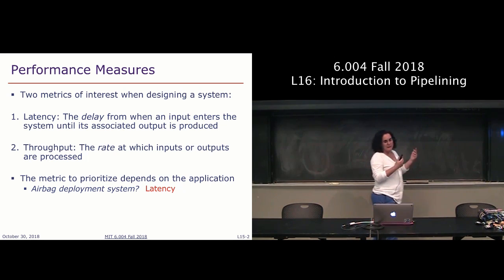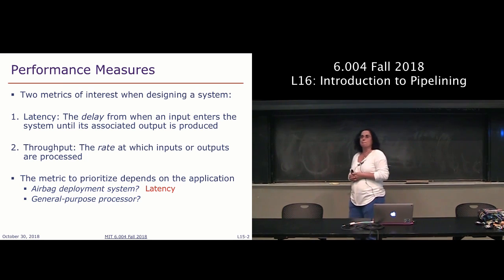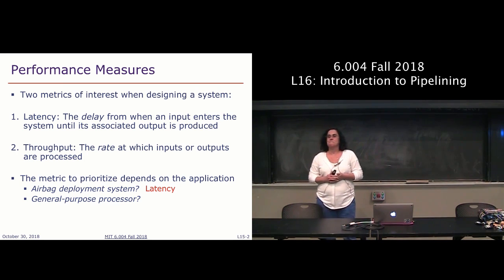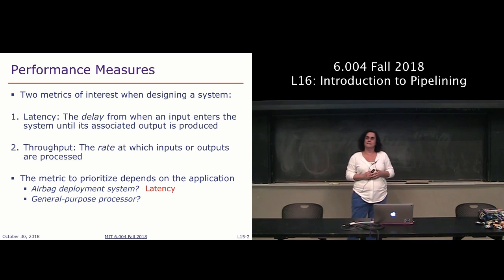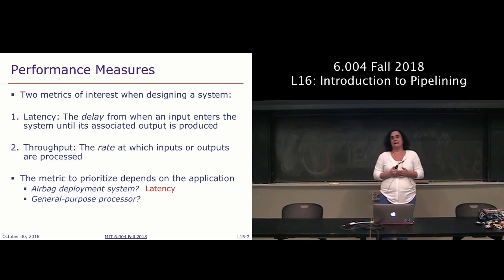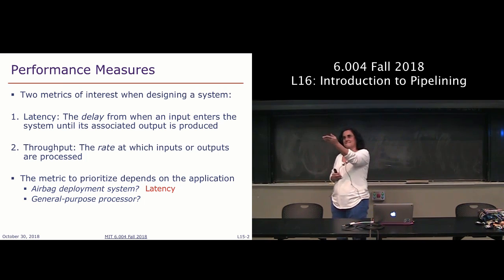How about in my processor implementation? What do I care about there? Throughput. Why throughput? Say that again? More computations, like faster, I guess. That could also happen if just my latency is shorter, right? So what's my throughput actually giving me?